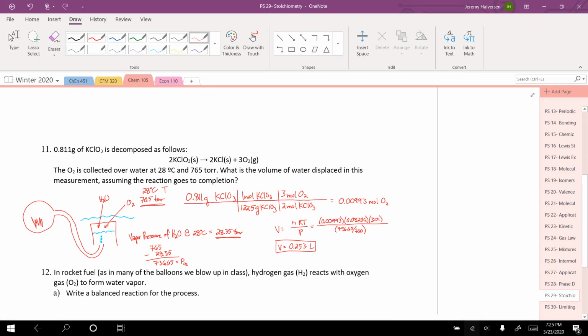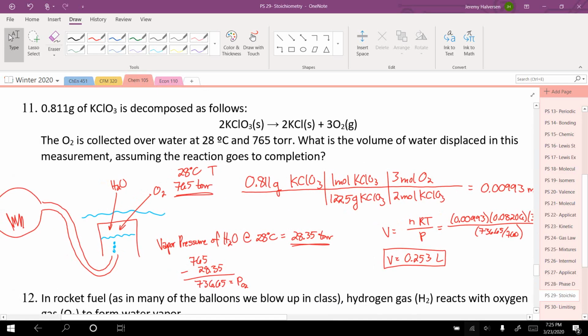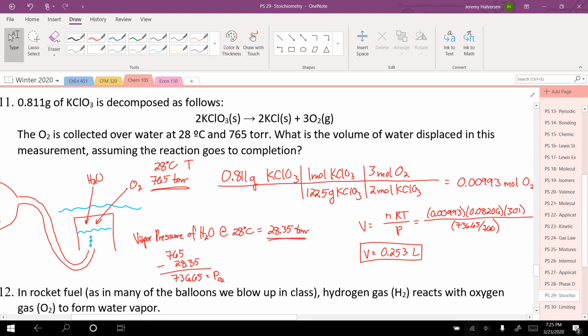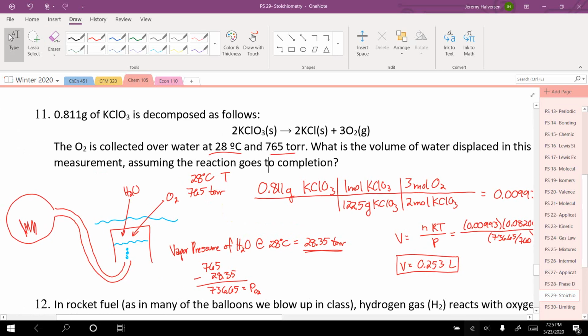Now, let's review what we did here. We knew our amount of KClO3 we were reacting, and so we could use that to get the moles of oxygen after the reaction. But we don't want the moles of oxygen, we wanted the volume. And since they give us temperature and pressure and we found moles, that implies that we should use the ideal gas law. The problem is, when you collect a gas over water, you get the gas that you're collecting, but you also get some water vapor because of the vapor pressure of water.